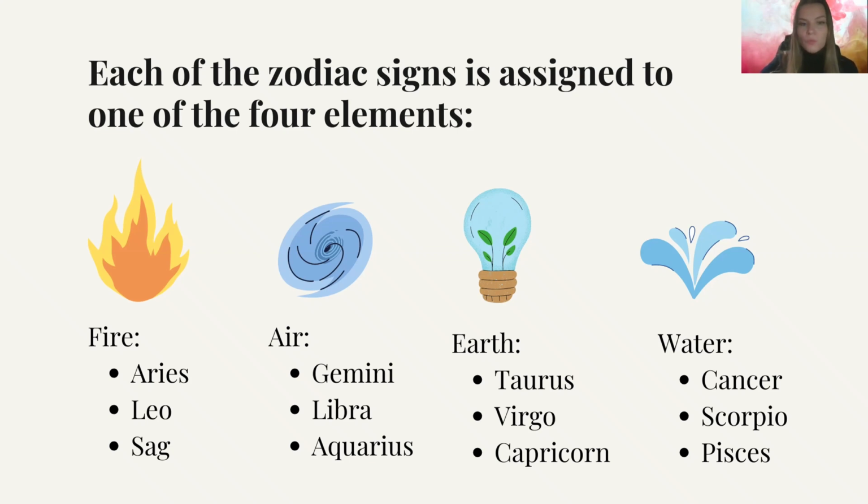Water manifests as water, and it rules the fluids of the body, our memory, emotions, feelings. And finally, earth manifests as earth, and it rules the minerals within the body, the bones, the building of the body structure, and it is also connected to stamina, food storage, and longevity.